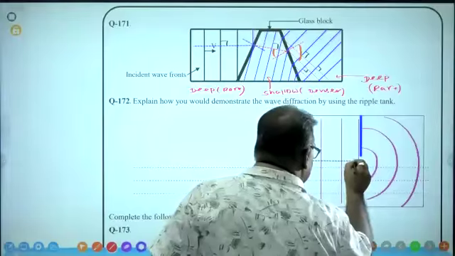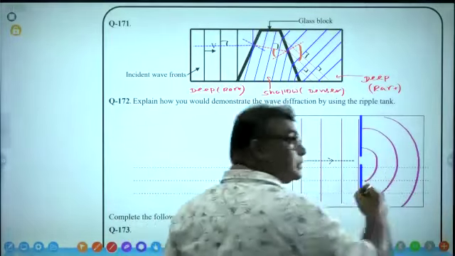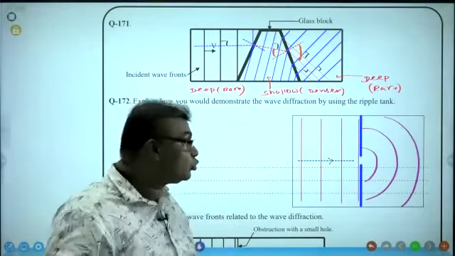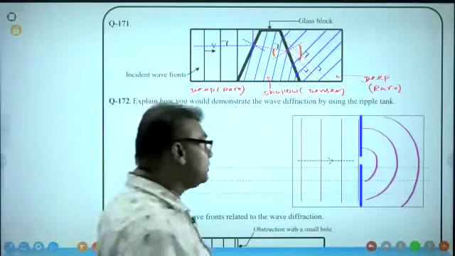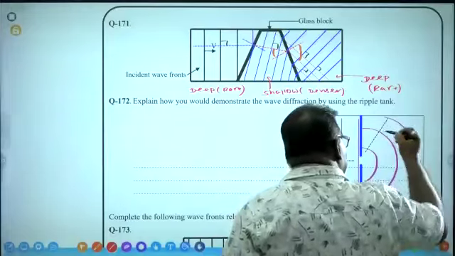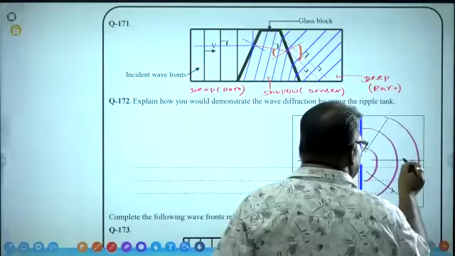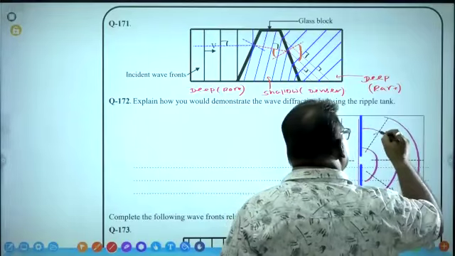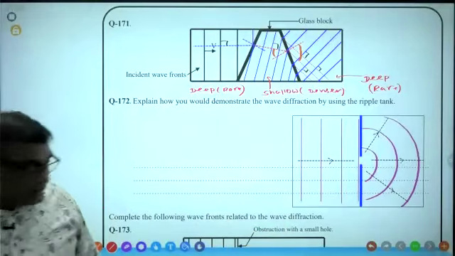Here we have the path of the incident, and after they have traveled through the obstruction with the hole, they spread into all the directions like this. Got it? That is the diffraction as well.